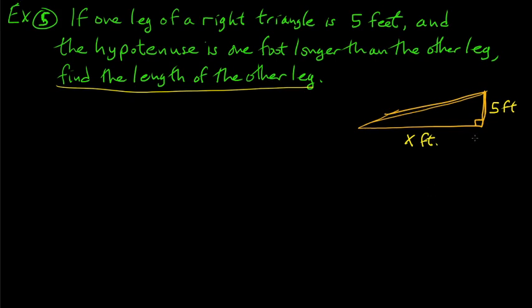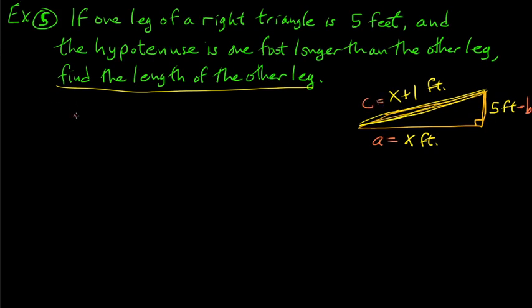Okay, so how do we find x? Well, we know something about the hypotenuse, this being the hypotenuse here, right? It's only 1 foot longer. So whatever x is, just add 1 to it. So the hypotenuse is x plus 1 feet long. Got it? So this is my a, b, and c.